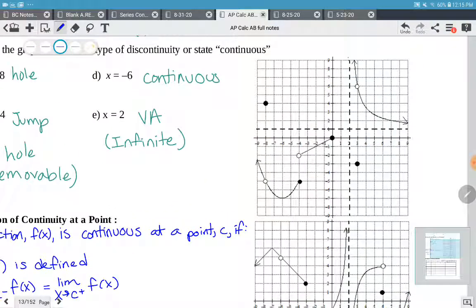So up here in this graph, the limit existed and the function was defined, but it wasn't continuous, right? We wanted that point to be here. So if that was the case, then it would be continuous. So if we want the function defined, the limit to exist, and we want those two things to be the same value, that makes it continuous.